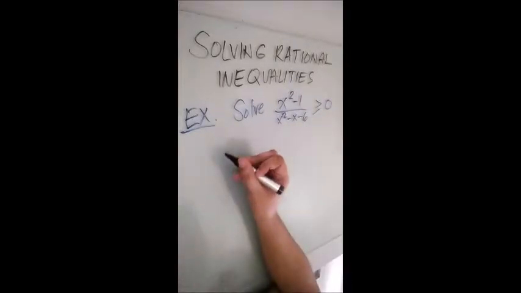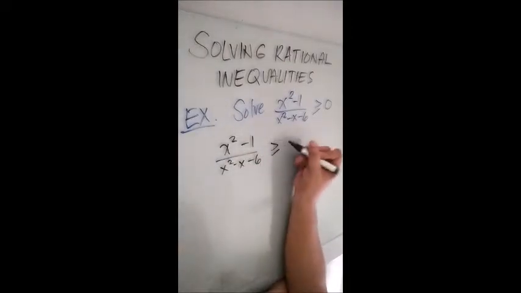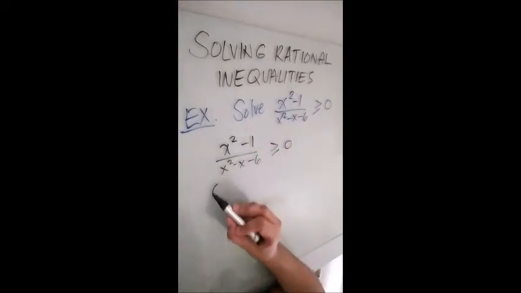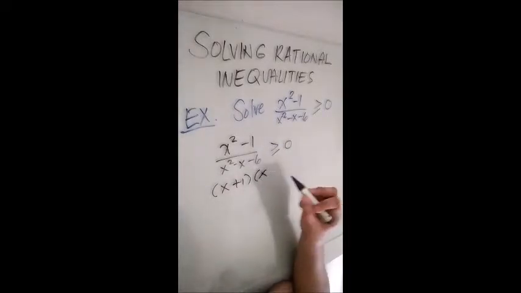So we have (x squared minus 1) over (x squared minus x minus 6) is greater than or equal to 0. First, we factor x squared minus 1, which is (x plus 1)(x minus 1).